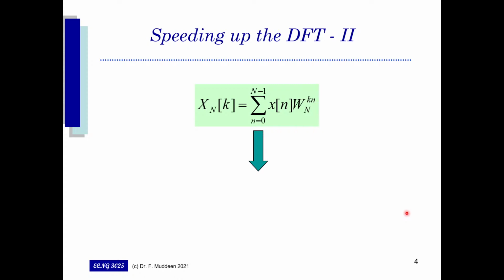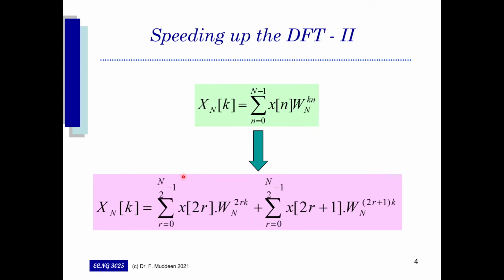So mathematically, what this means is, instead of having our full DFT equation represented by X of k, we now split it such that we have x of 2r, which represents our even sequence, and x of 2r plus 1, which represents our odd sequence. And the combination of the two when you add it back up will give us back X of k accordingly.